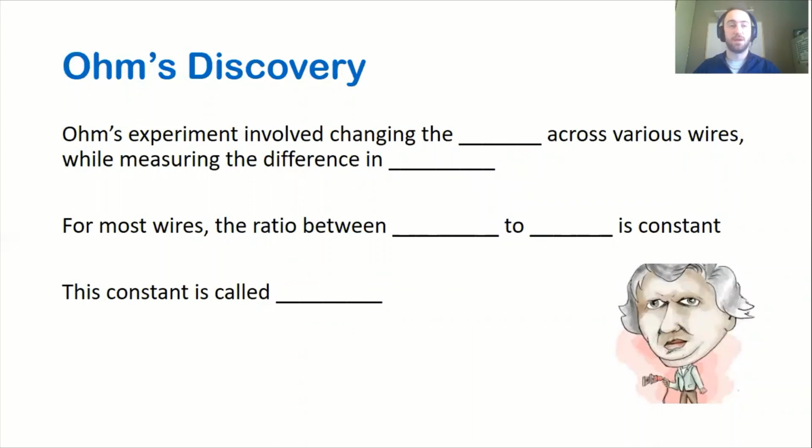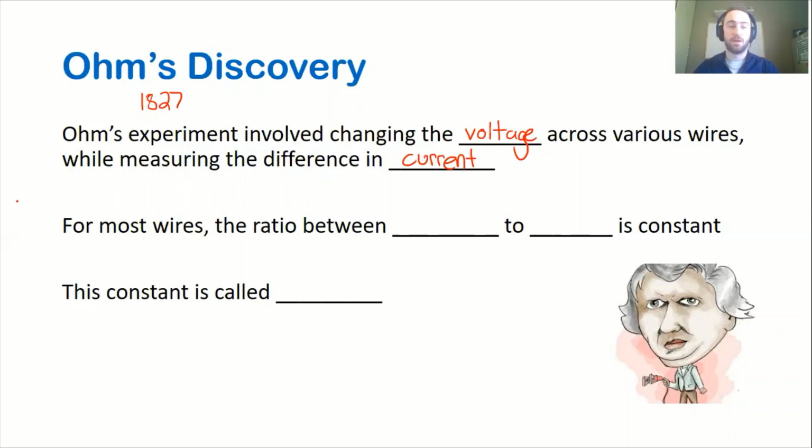Ohm's discovery. So Ohm was a German physicist, and in 1827, he experimented with various wires. What his experiment involved was the changing of voltage across various wires. In doing so, he was measuring the difference in currents.